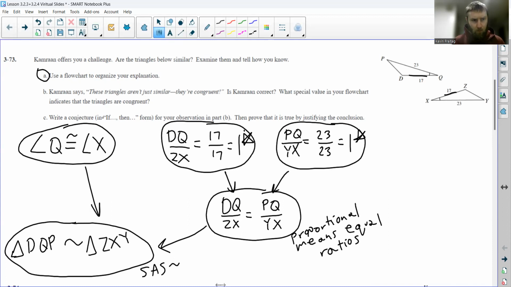So it says write a conjecture in if-then form for your observation in part B. So my observation would be this.